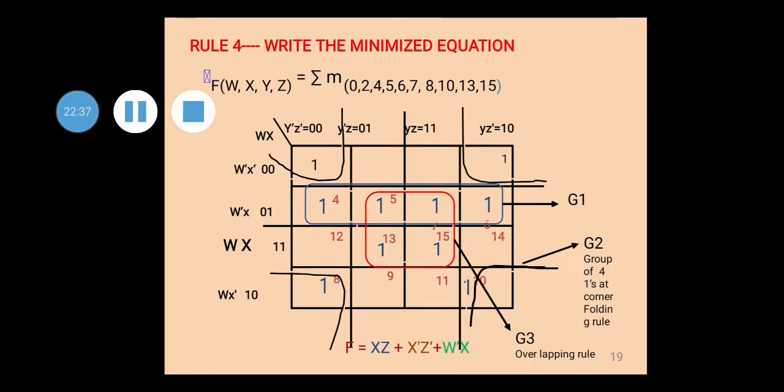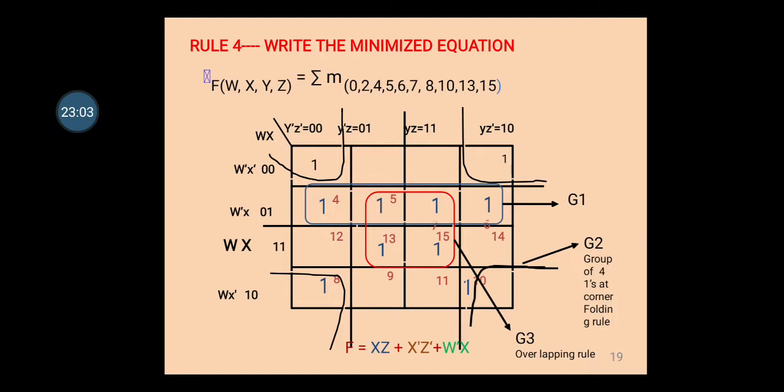So first we'll write the equation of group 1. Group 1 is a group of 4 ones. Now these four ones you have to check column wise as well as row wise. So first we'll go for the column.